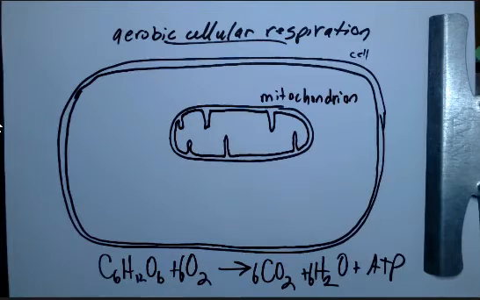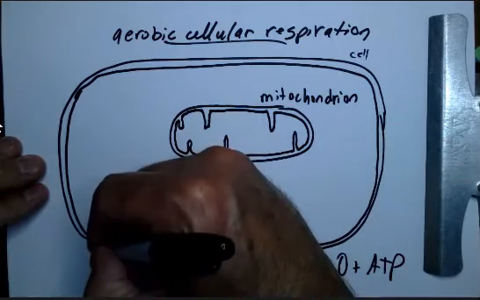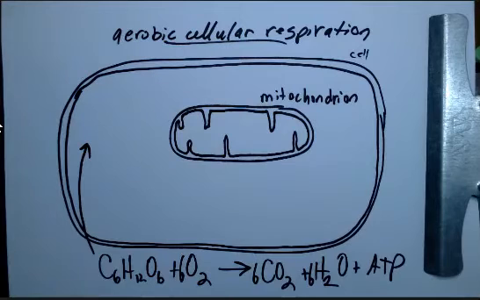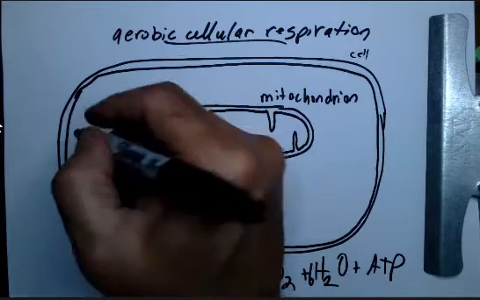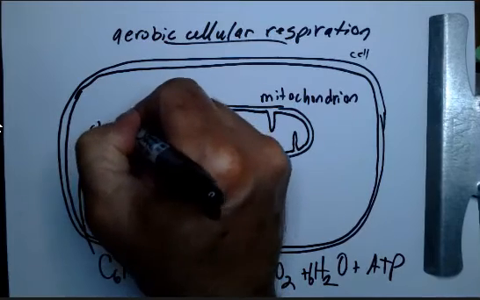So what happens is that glucose and oxygen are products of photosynthesis, and so one of the first steps is the capture of glucose and then the breakdown in a process called glycolysis.